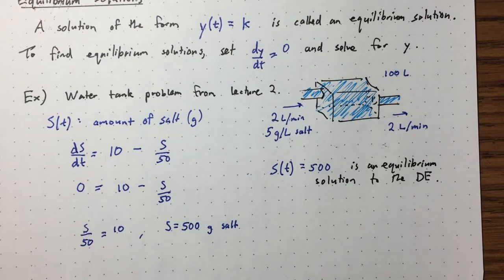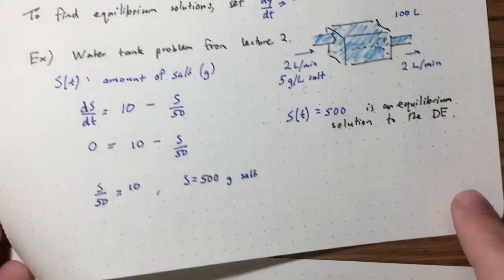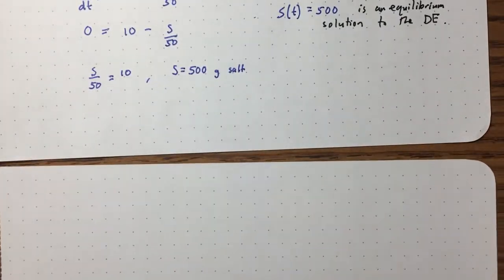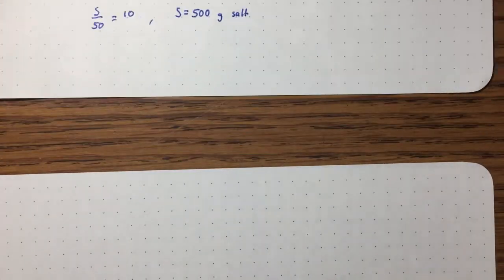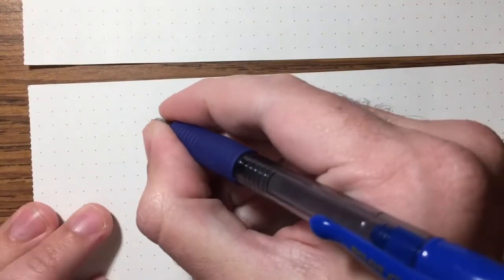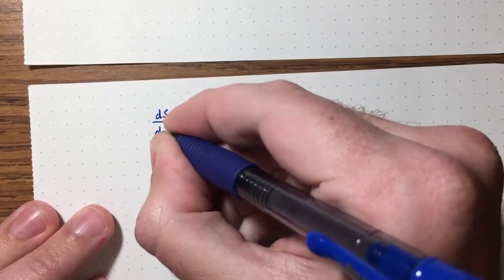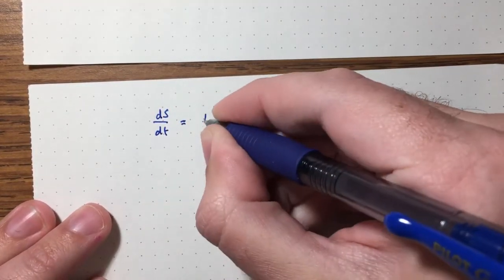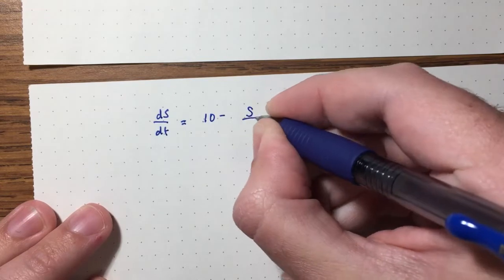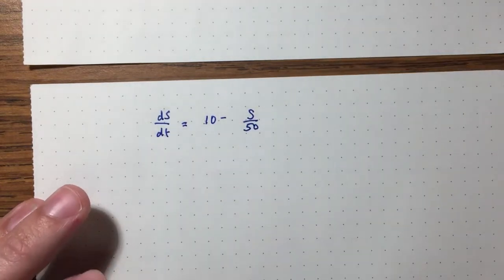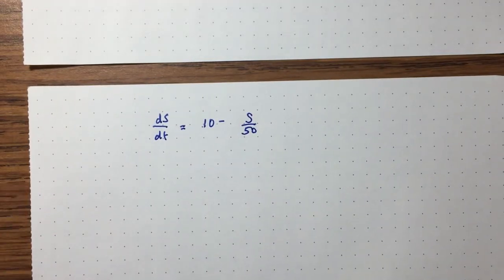So let me grab a new page. Let me copy down the differential equation again. dS/dt is 10 minus S over 50. Now, here is what I would like to do.